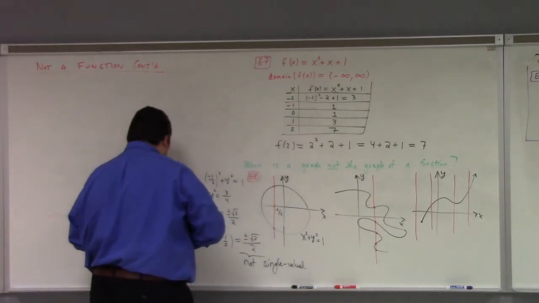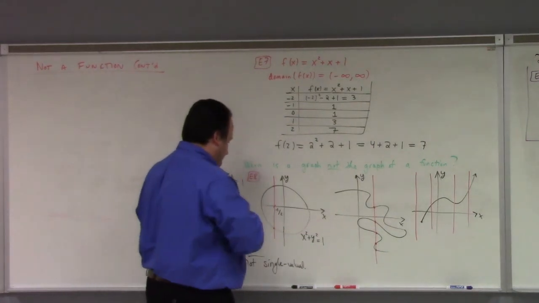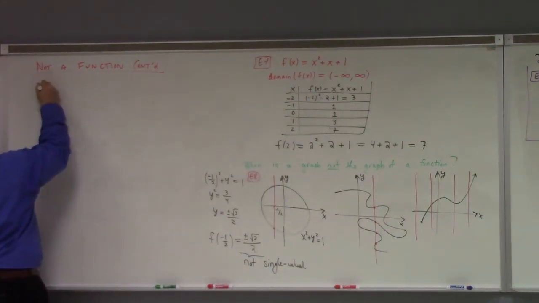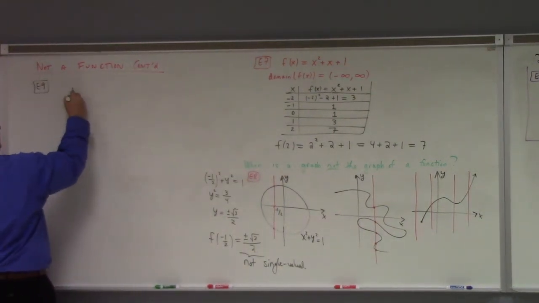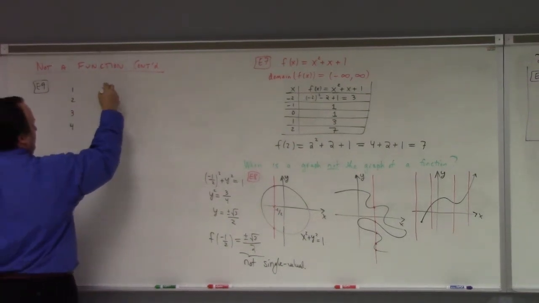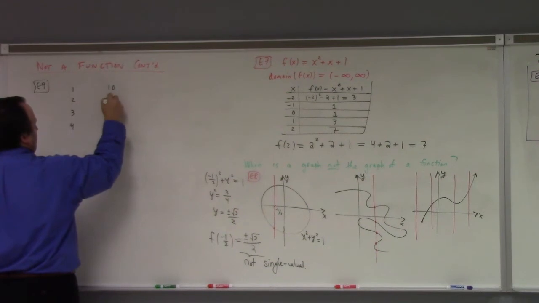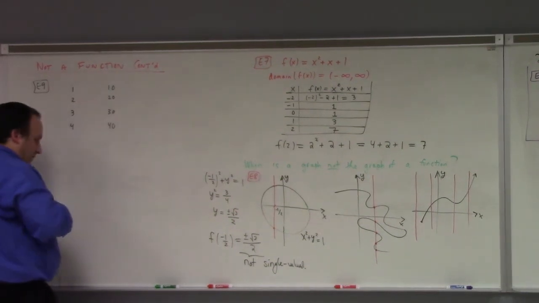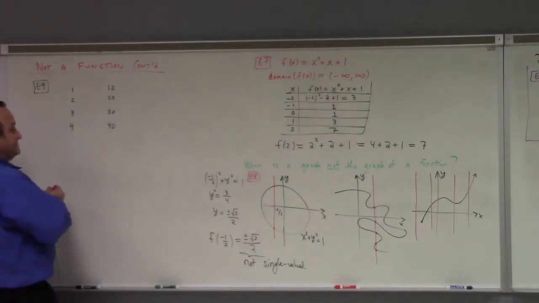So call this example 9 here. So maybe we're going 1, 2, 3, 4, and then our outputs are 10, 20, 30, and 40. All right? And our diagram looks like this.